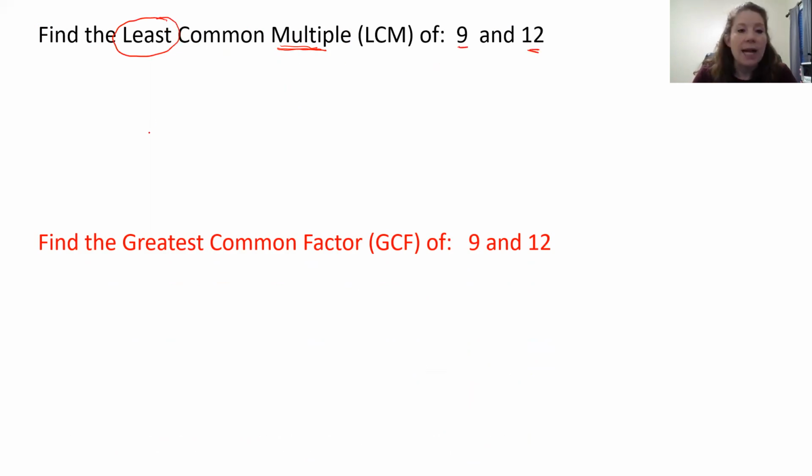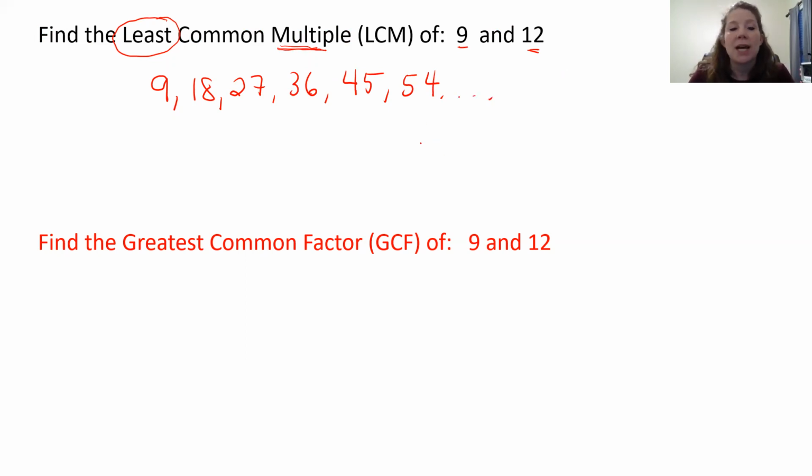Well, basically all I do is I start with one of the numbers and I start thinking of the multiples. I think of 9 times 1, 9 times 2, 9 times 3, 9 times 4, 9 times 5, 9 times 6, and you can go on forever because multiples will never stop. But after I do a few, I think that's probably good enough. And then I pick the second number, and I always start with 12 times 1, 12 times 2, 12 times 3, 12 times 4.